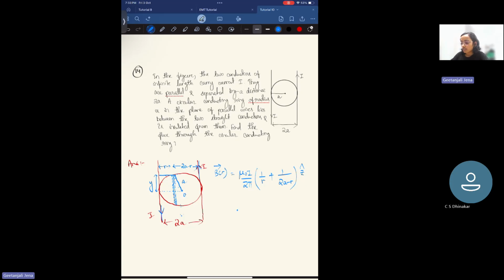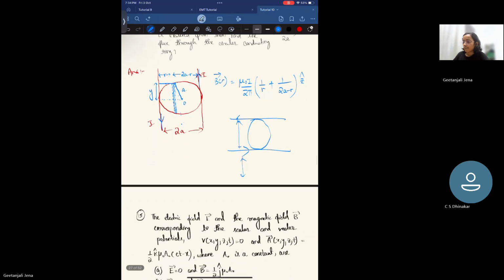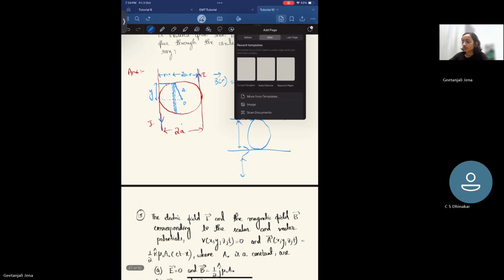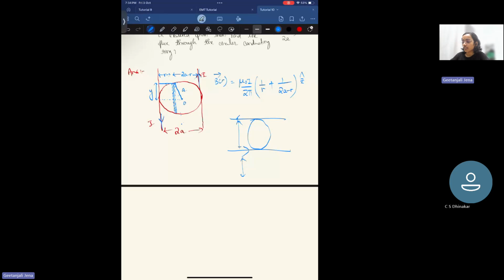Because the circle is in between these two wires, right? So we are considering a region here, not outside. Outside it will be opposite and flux will be equal. But inside, if you check, they will add up, right? Is it clear now?